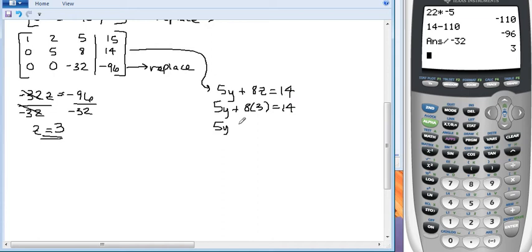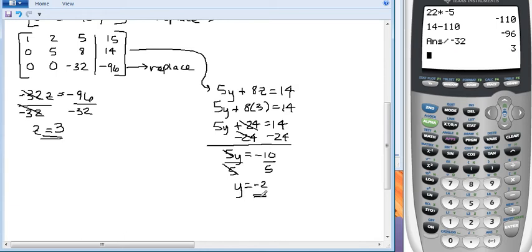So 5Y plus 24 is 14. Okay? Subtract 24 from both sides. Solving for Y now. So I have 5Y is equal to 14 minus 24 is a -10. Finally, I divide through by 5. So Y is -2. There's another answer.